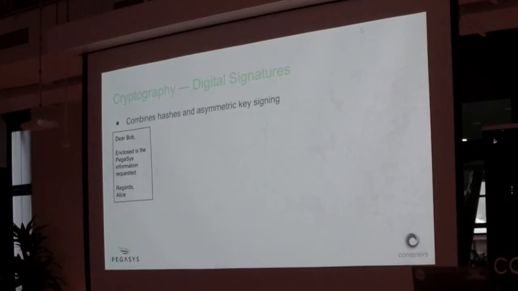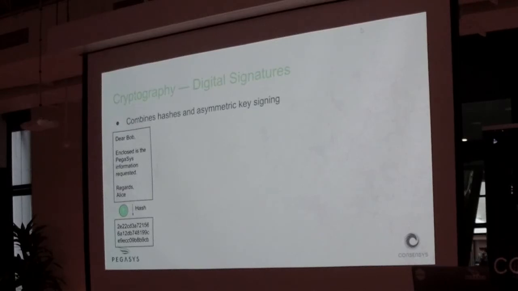So let me run through another example. Alice wants to send a message to Bob. And again, remember, she doesn't want it to be a secret. She just wants to authenticate that I am the sender of this message. This is Alice. So what she does first, she creates a hash for that message. Now the benefit of that is it digests it down to 32 bytes.